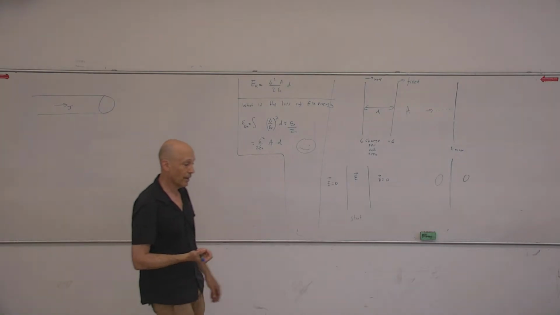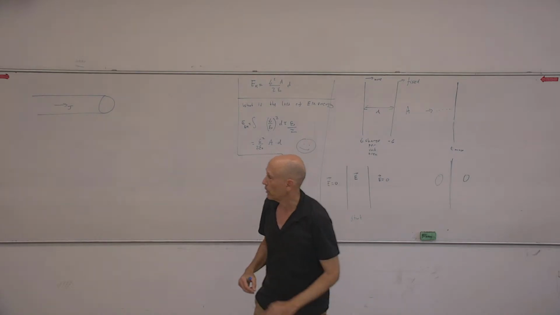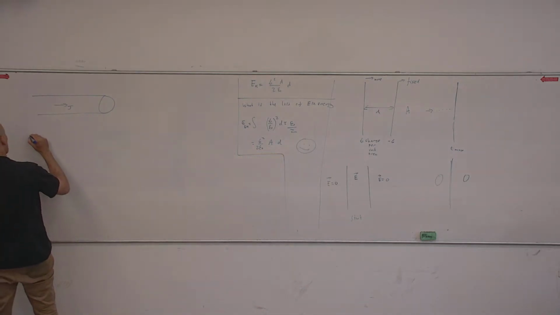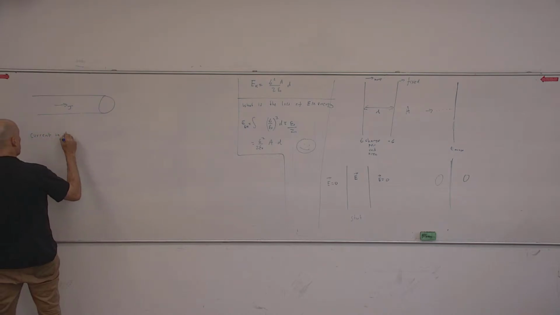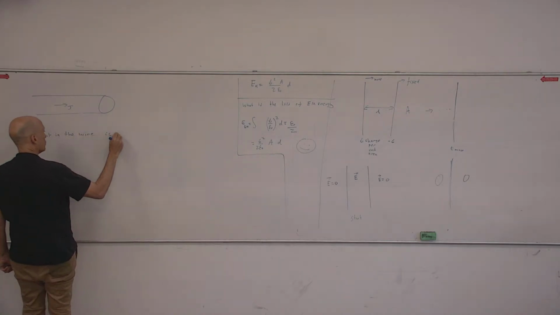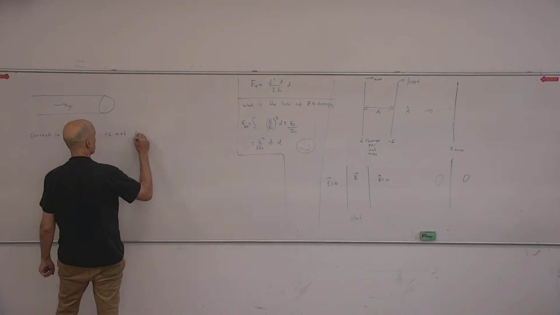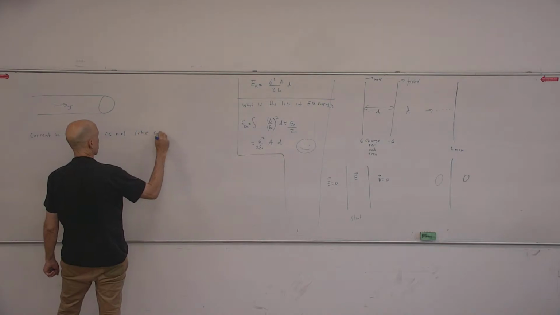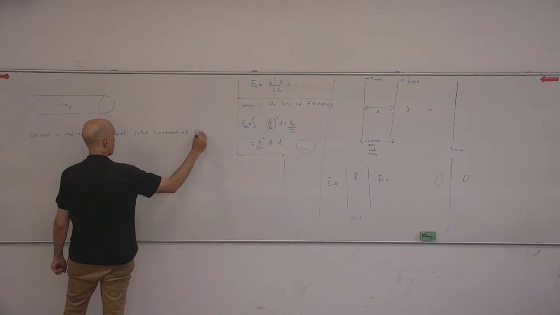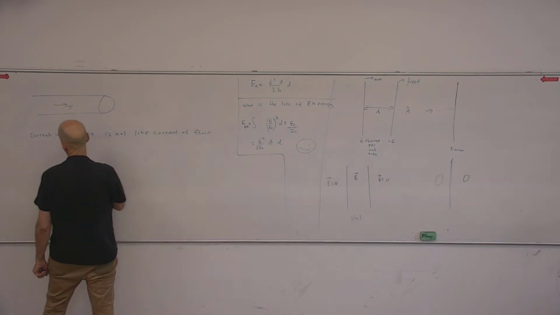The main statement here is that current in a wire is not like the current of a fluid, which is not charged, in a pipe.